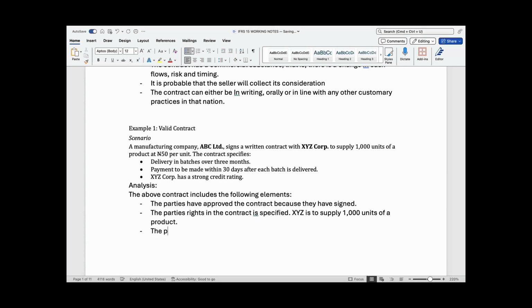Also, the payment terms are specified, which is payment within 30 days. And there is commercial substance because somebody is taking risk and somebody is paying.